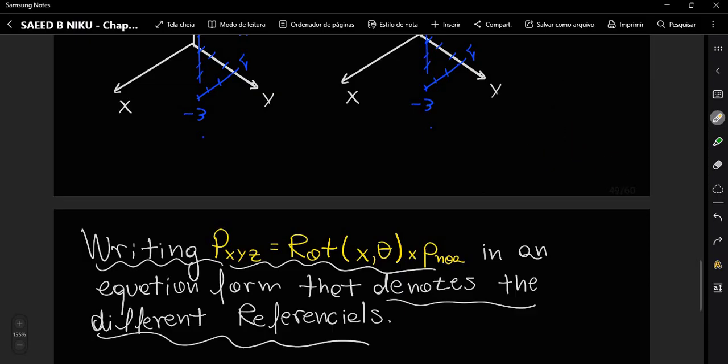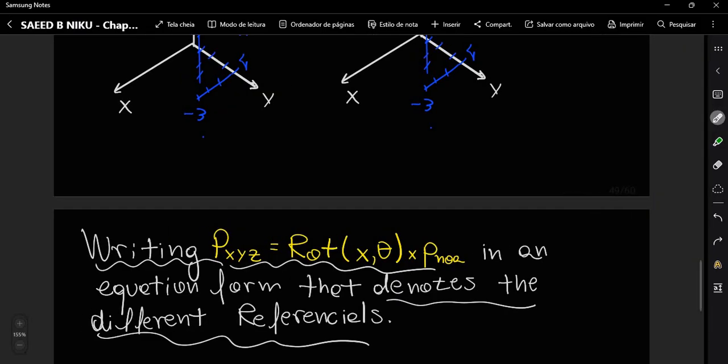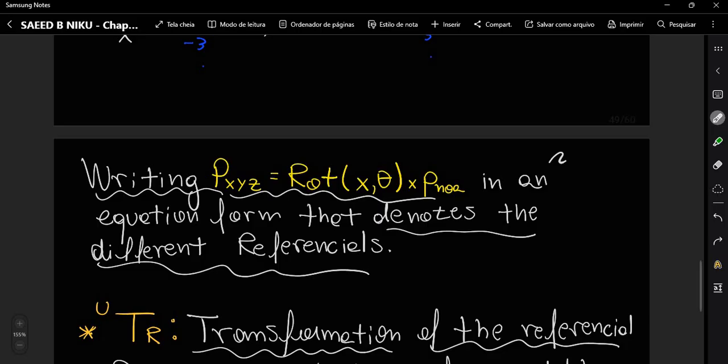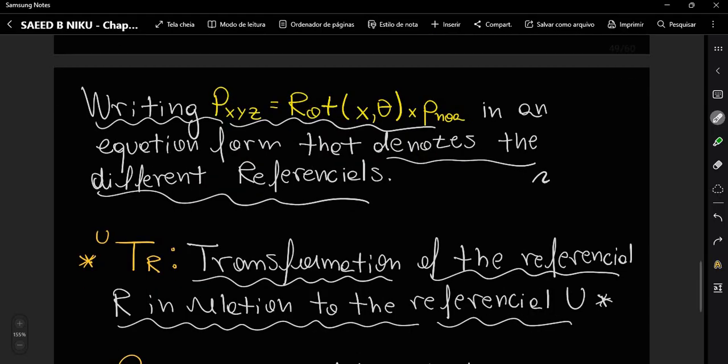And we need to get back to this because to solve example 2.11 we need to know how to write this equation in a conventional form that makes it easy to follow the relation between different types of transformations.